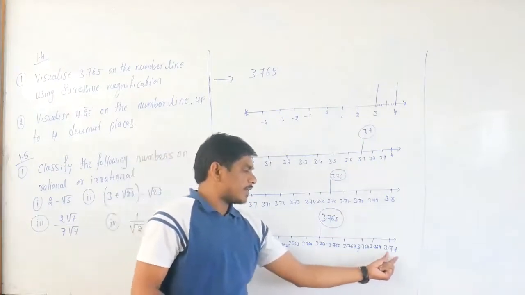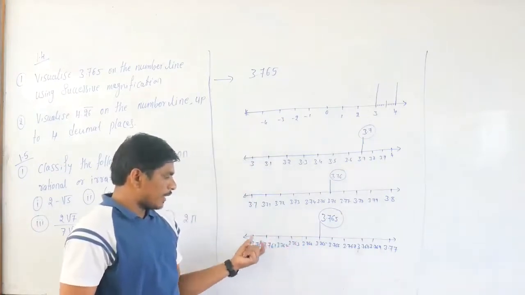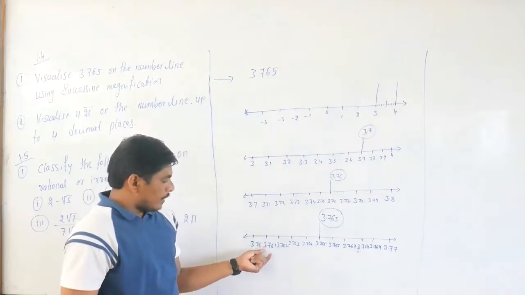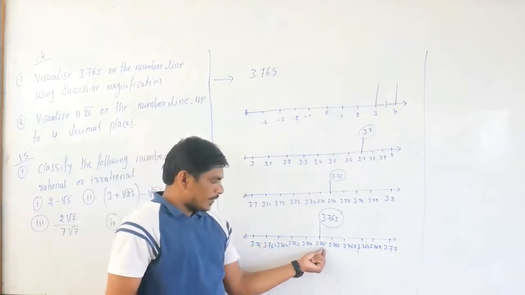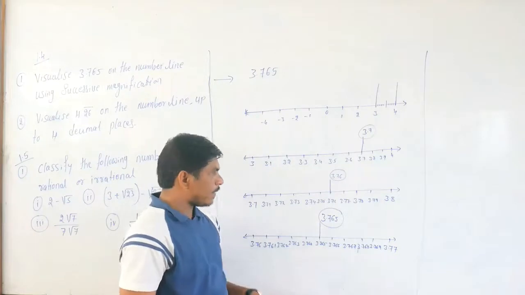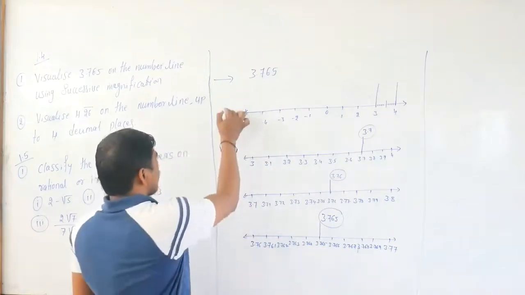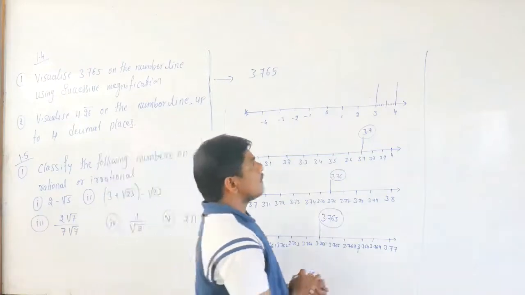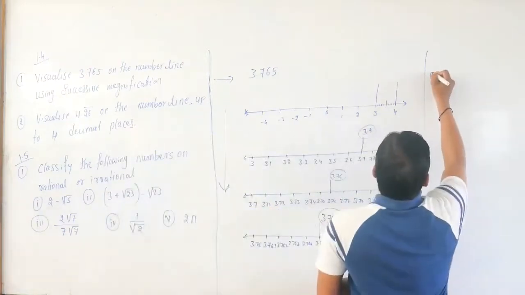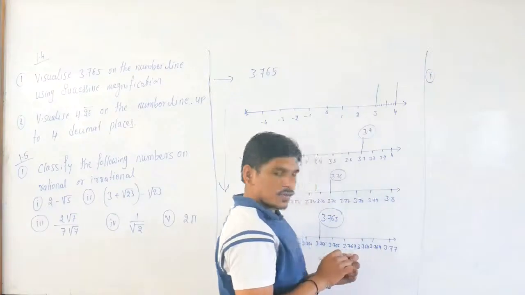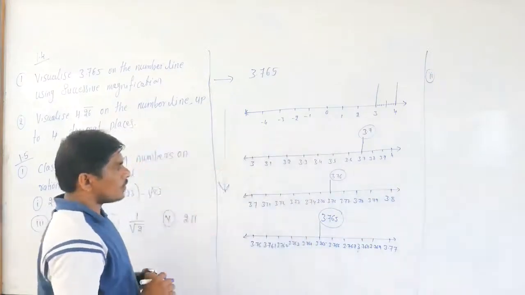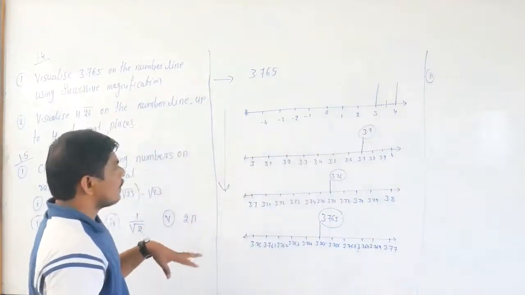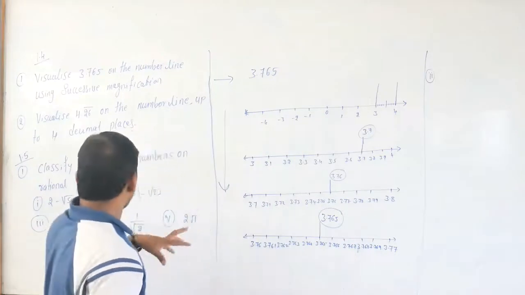Between 3.76 and 3.77 you mark 10 divisions, then you identify 3.765. This is the magnification of the given decimal expansion. The second one is also very simple. On the basis of a similar problem you have to do it, since I have already explained the first one.